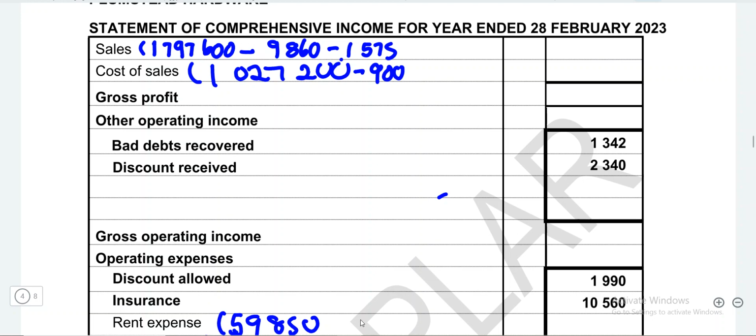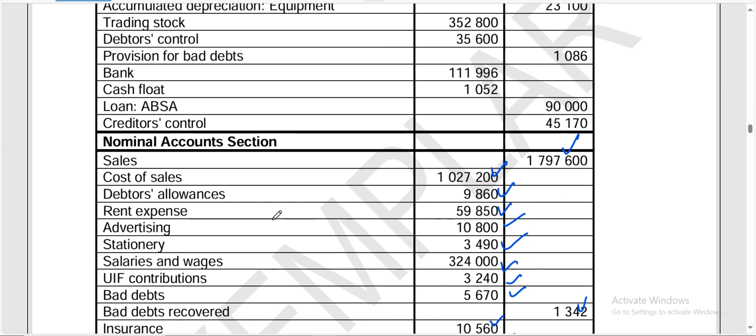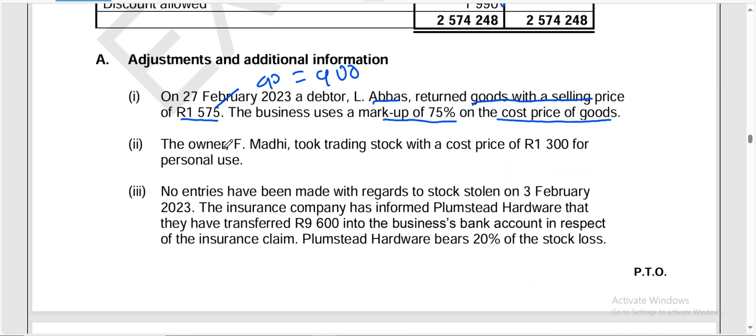Okay, so we need to go to the second transaction. The second transaction says that the owner F Madi took trading stock with a cost price of 1,300 for personal use. Remember, when they mention personal use, we are talking about the drawings, and then we know that on the income statement we only show the impact that this transaction has on trading stock only.